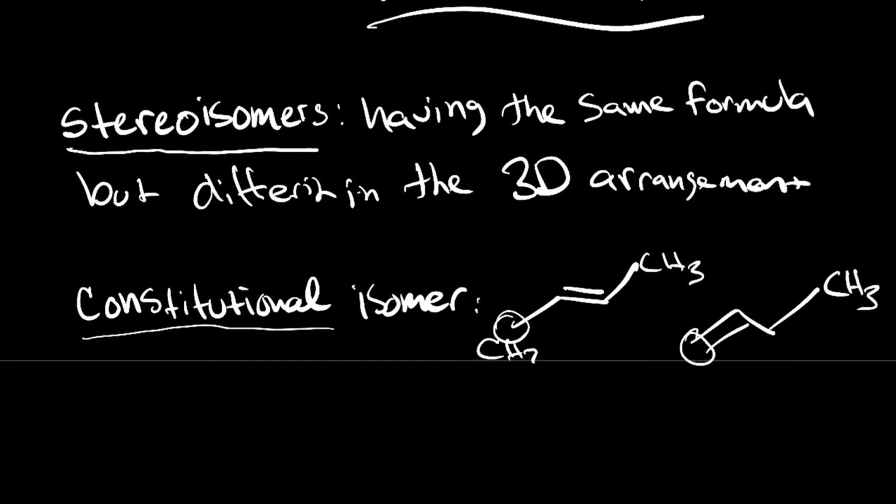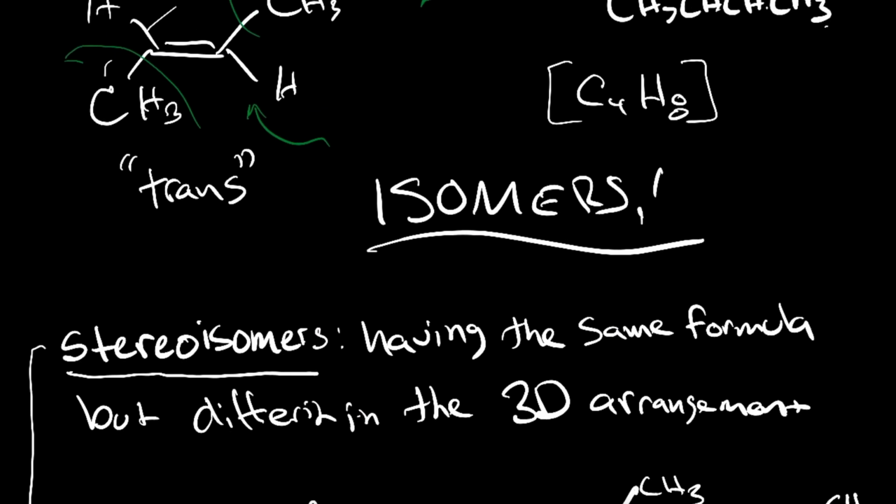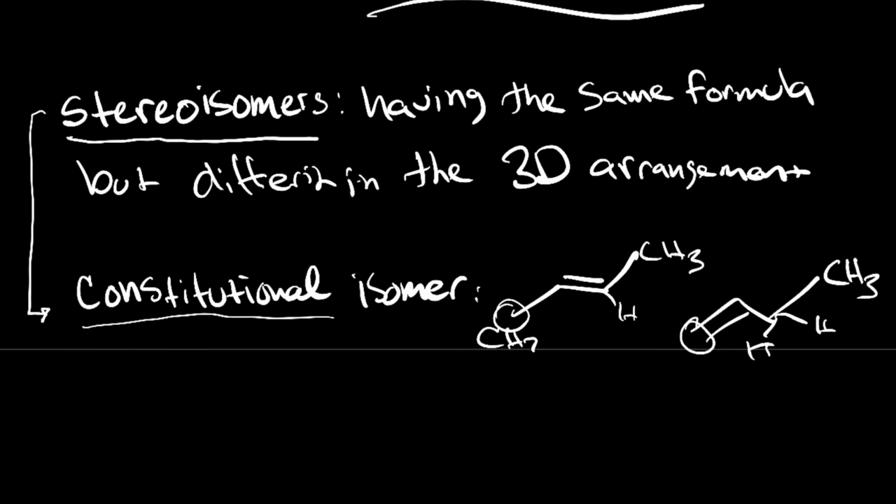So at the end of the day, that is what separates these two. You can change hybridization from sp3 to sp2, or you start moving atoms around, for instance, this only has one hydrogen here and this has two, that would be a constitutional isomer. Of course, both of these have the same molecular formula. They continue to both be represented by C4H8, but they're connected differently.